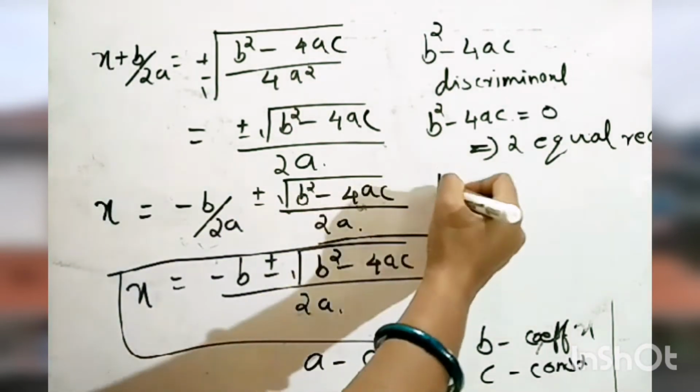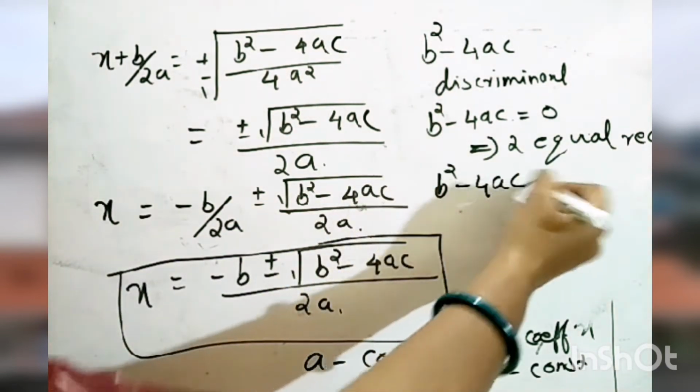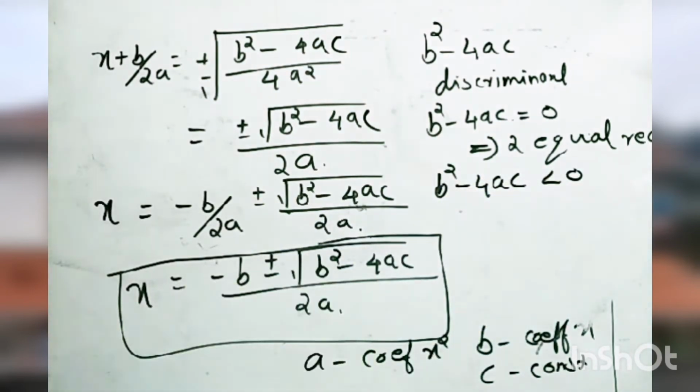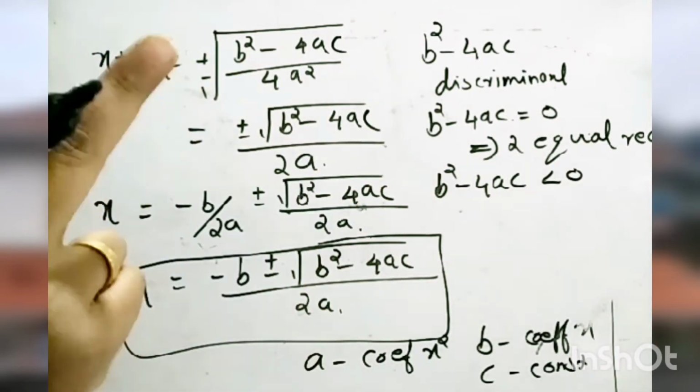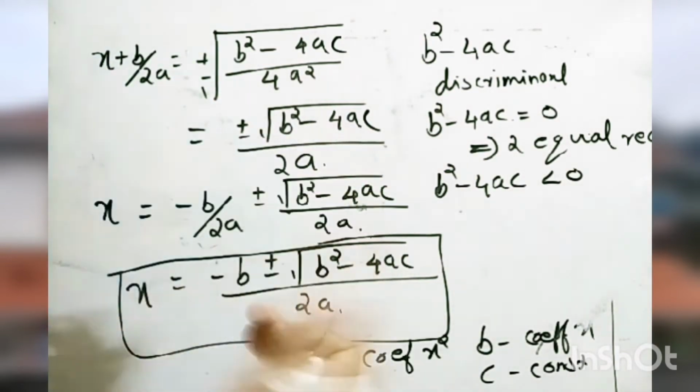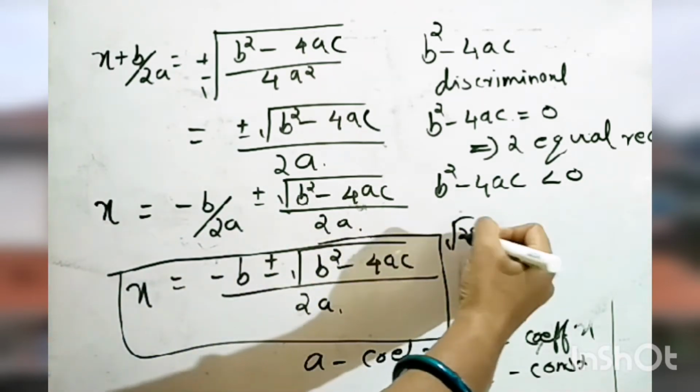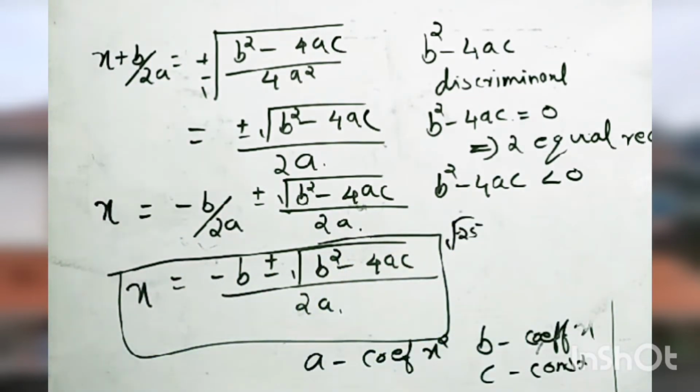And suppose b square minus 4ac is less than 0. That means you have a negative value inside the square root. Do you know how to find the square root of a negative number, like square root of minus 25? We do not know how to find the square root of a negative number.